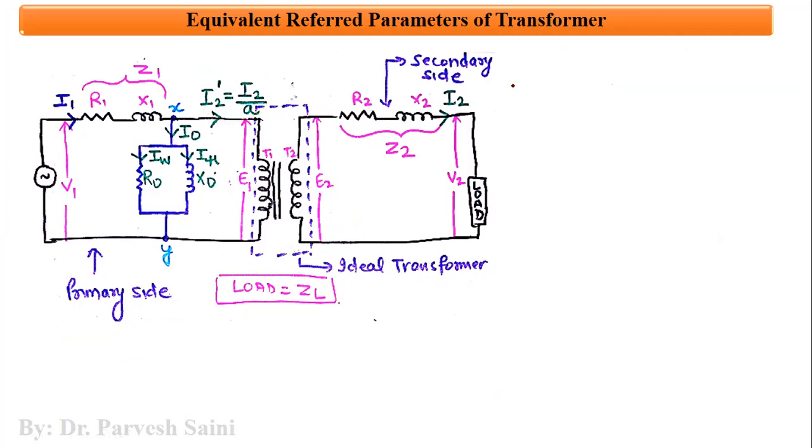So for example, this R2 has a resistance which is, let us say, R2 dash.